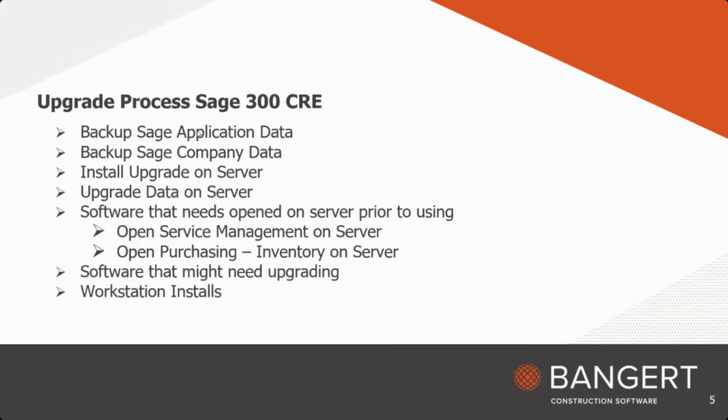Inside of that Timberline Office folder, there is a 9.5 folder that basically stores all the application data. Application data are things like custom reports, tax tables, inquiries, miscellaneous formulas and so forth, things like security that go across multiple companies.